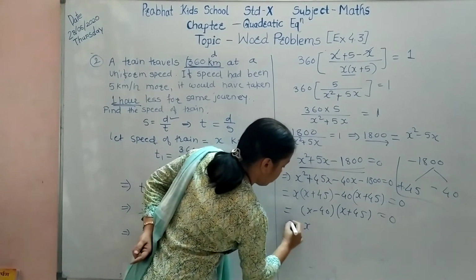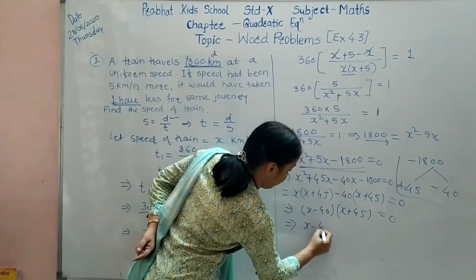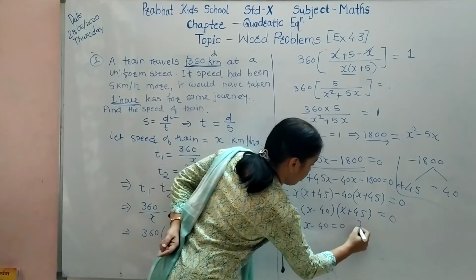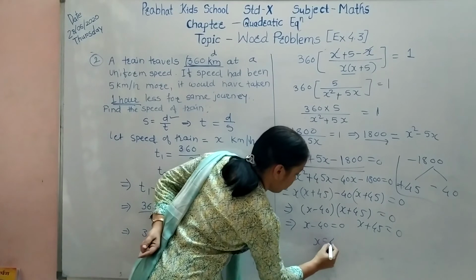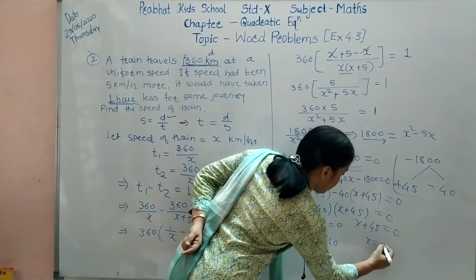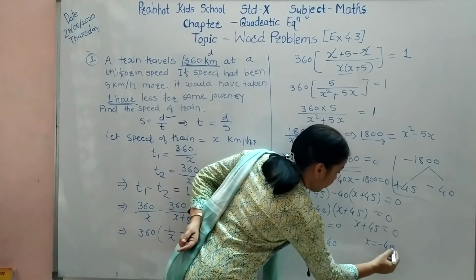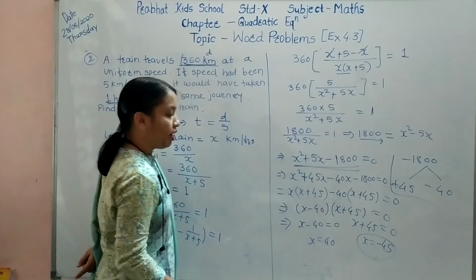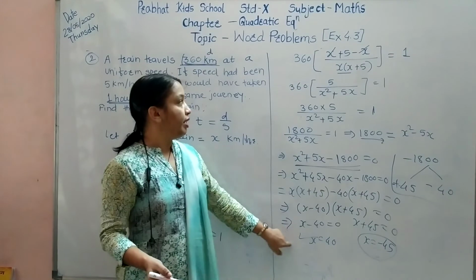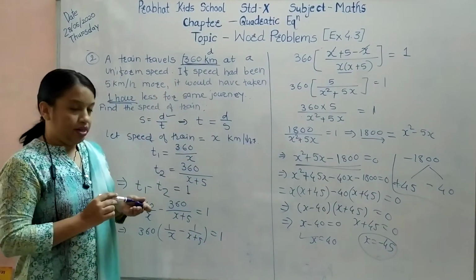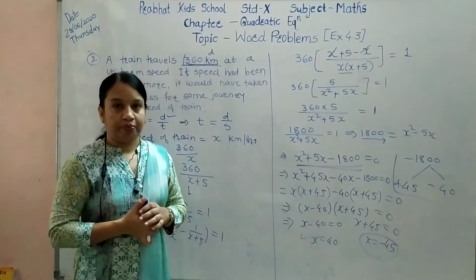Now this implies x minus 40 equal to 0 and x plus 45 equal to 0. Therefore, x is equal to 40 and x is equal to minus 45. Now, as speed can never be negative, our correct option is 40. Therefore, the speed of the train is 40 km per hour.